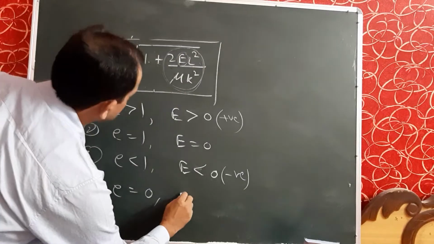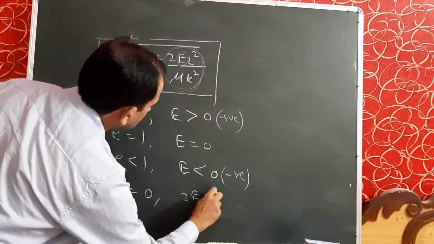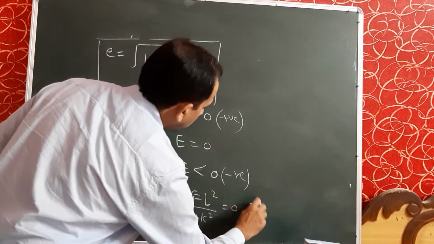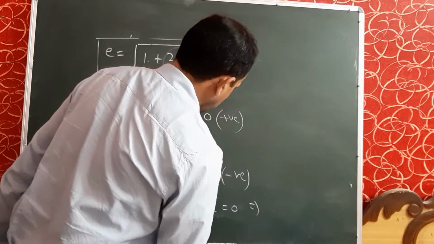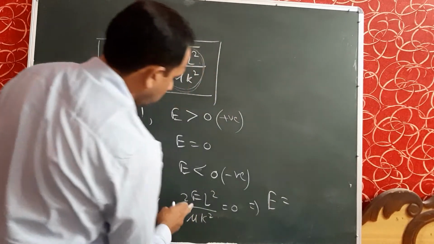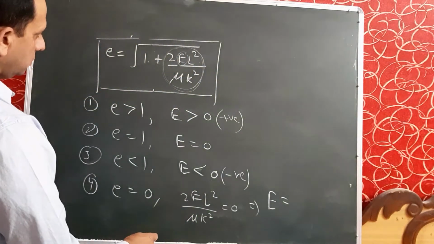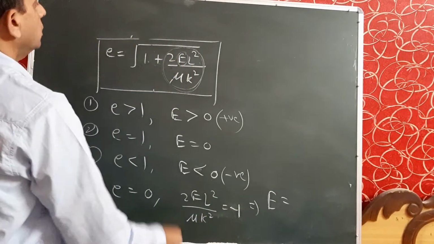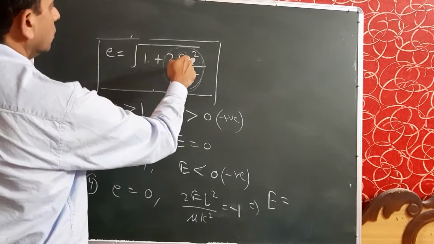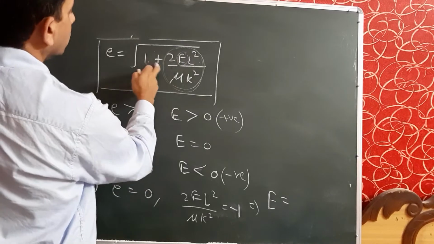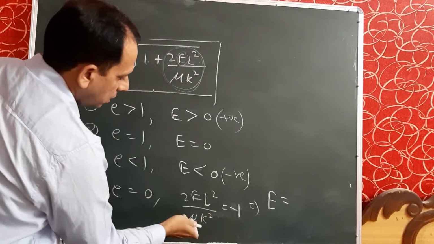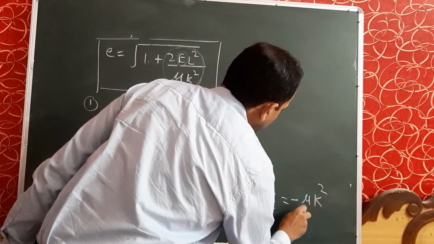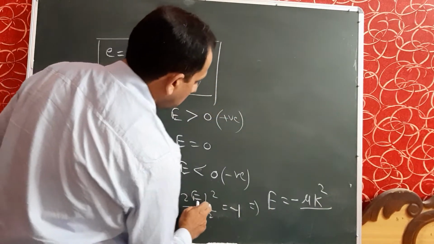So this implies 2EL square upon mu k square is equal to minus 1, not 0, because otherwise we would get the whole answer 0. So this term is minus 1, and E is equal to minus mu k square over 2 L square.